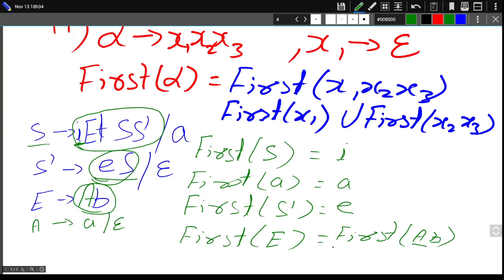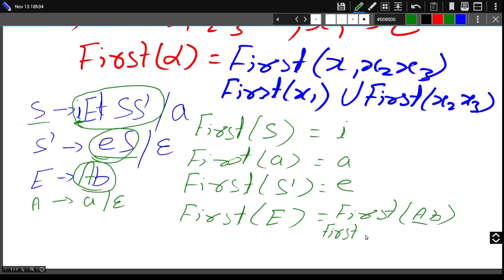It will be first of A union first of B also. Why? Because A also derives epsilon, right?